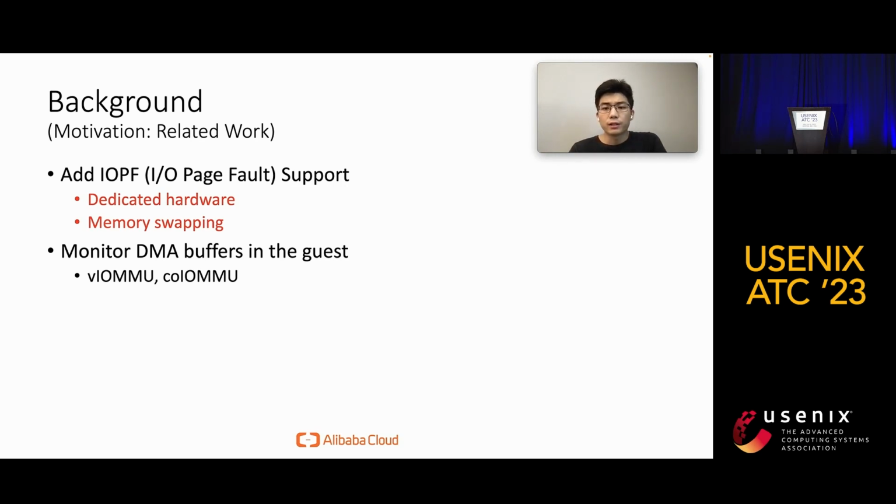They are software solutions and do not require dedicated hardware. Nevertheless, they still face the memory swapping overhead, and coIOMMU needs extensive changes to the guest OS, which results in guest OS compatibility issues.